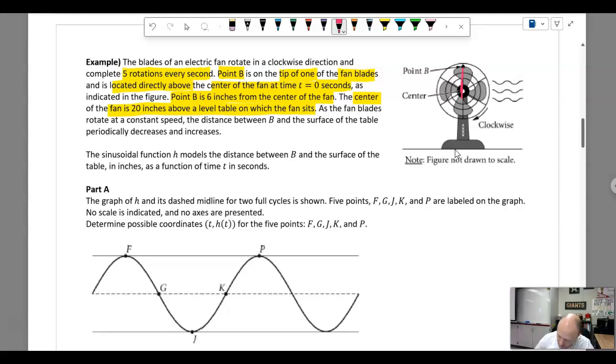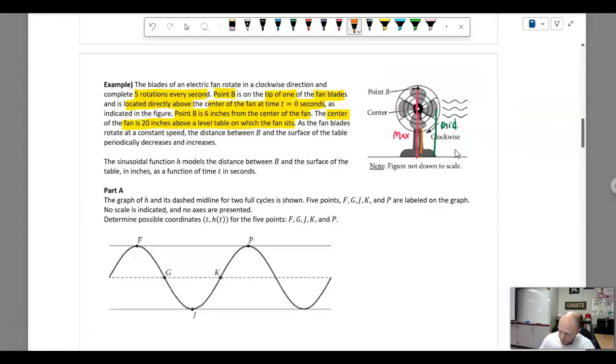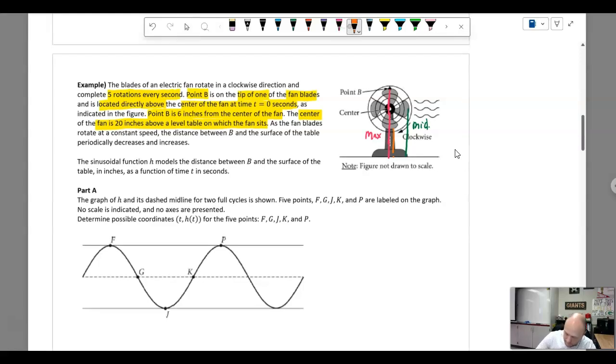When it's located directly above, that's going to be a maximum, and when it's directly in the middle, that will be the midline. And if we are at our lowest point here, then that will be a minimum.